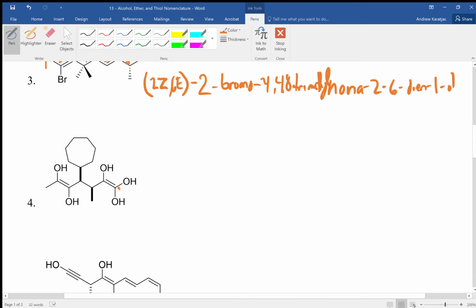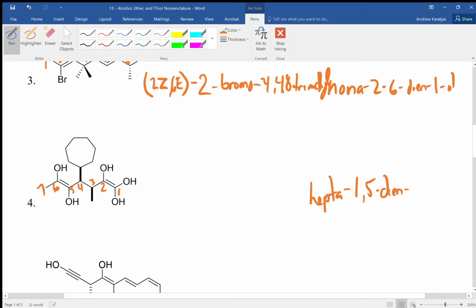Number 4, we start on the right because that means we have an alcohol at 1 and the second alcohol at 1. Whereas if we start on the left, our first alcohol is not until carbon 2. So we have a 7-carbon chain. So that's heptane. There's 2 alkenes at 1 and 5, so that's hepta-1,5-diene.